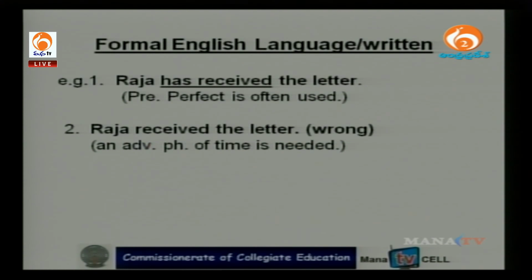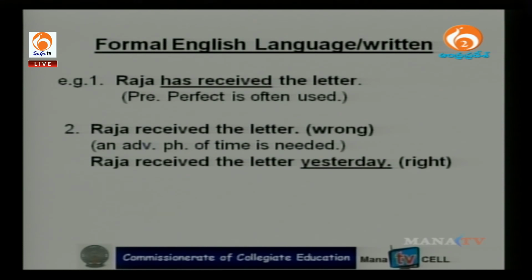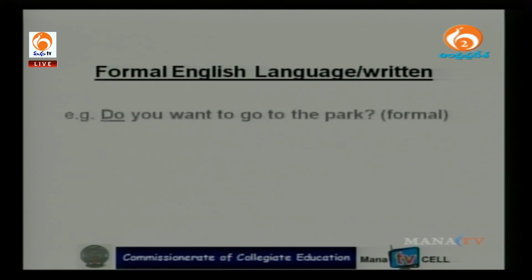That is why there is a problem in getting the meaning in a correct way. So we need to use an adverb phrase of time, and it is very much needed. So we have to say, Raja received the letter yesterday, then it will be complete and we get the complete meaning. So in formal language we have to be very perfect in grammar usage.